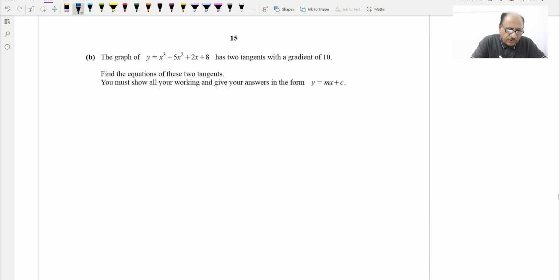Now part b says the graph of this one has 2 tangents with a gradient of 10. Find the equations of the 2 tangents. You must show all your working and give your answer in y is equal to mx plus c format.